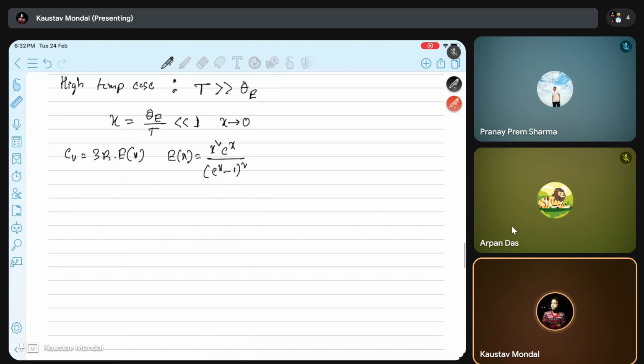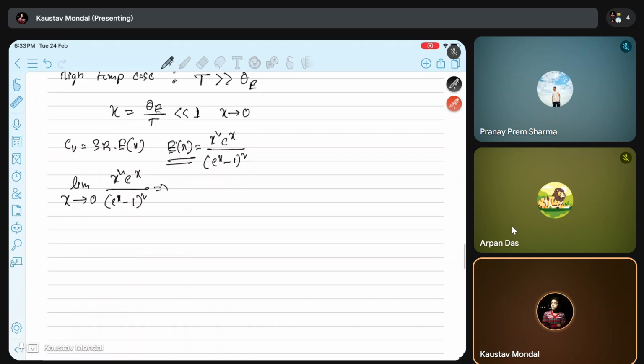Now for this high temperature limit, x tends to 0. So we have to evaluate the limiting case of this function E(x) as x tends to 0.